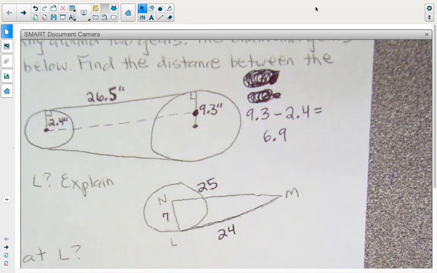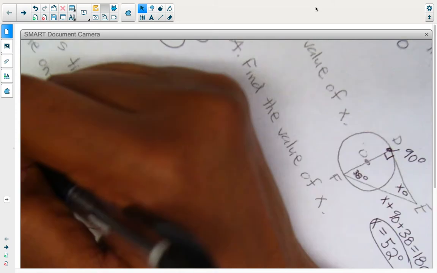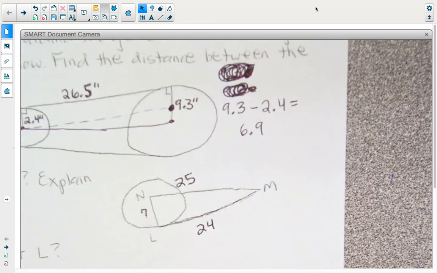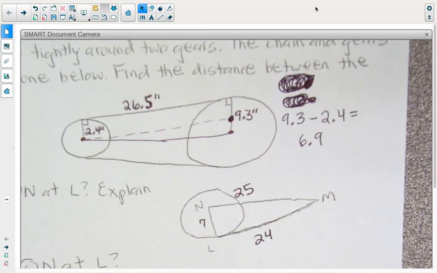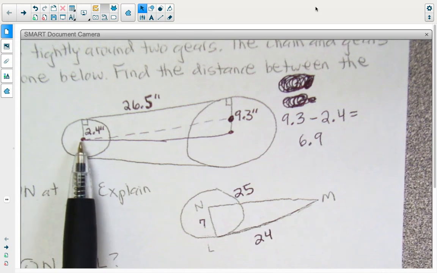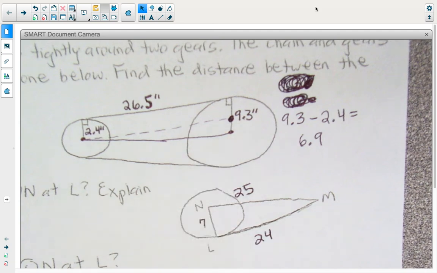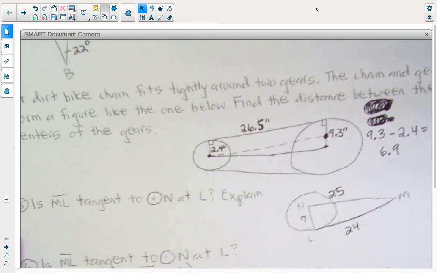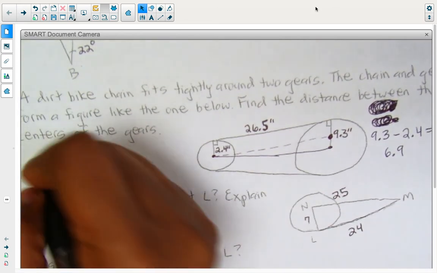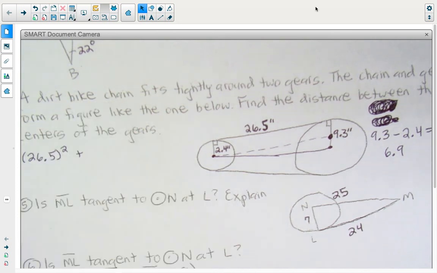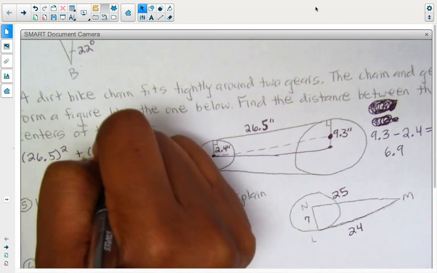So how is that going to help me? Because now I have a right triangle that I'm going to draw in. Let me turn my paper so I can draw my right triangle in. Okay. So now we can do the Pythagorean Theorem to find the missing length. I'm trying to find the distance from here to here. I now can do 26.5 squared plus 6.9 squared.